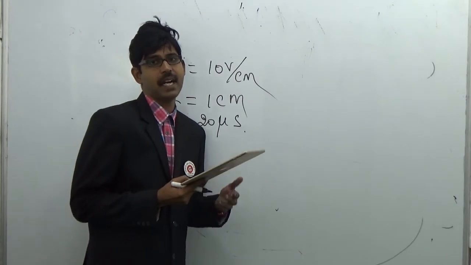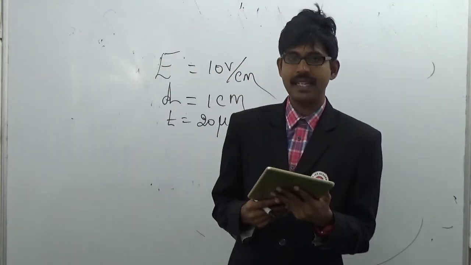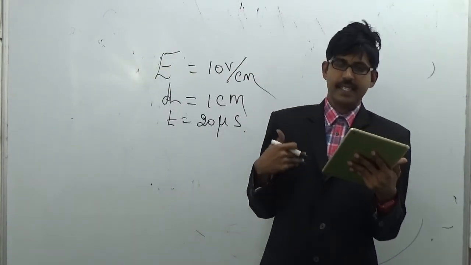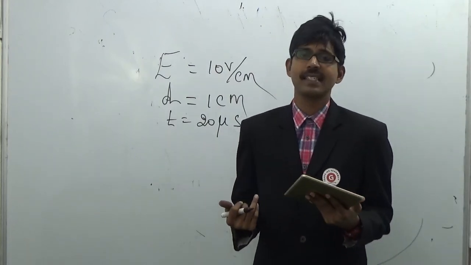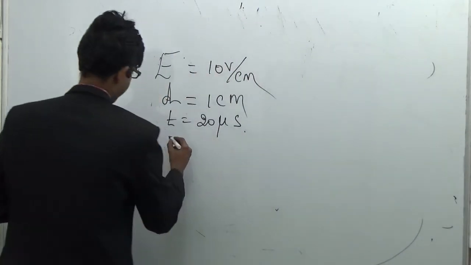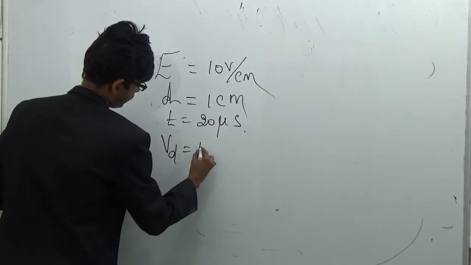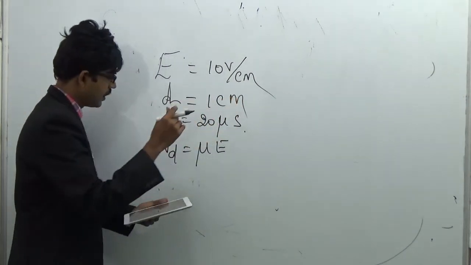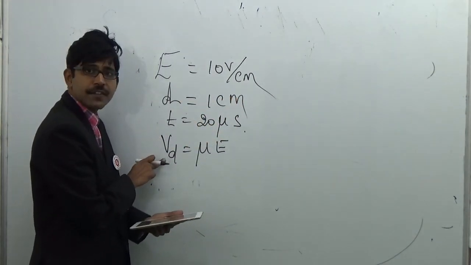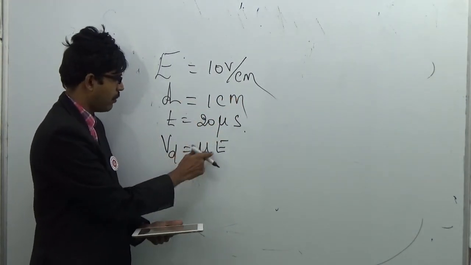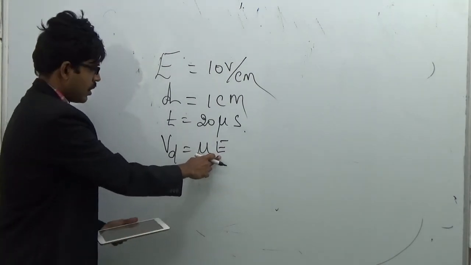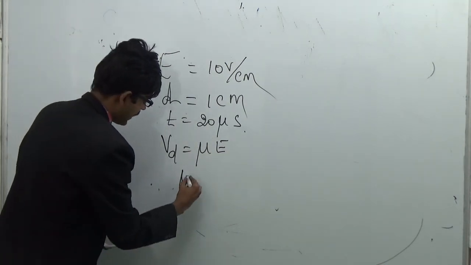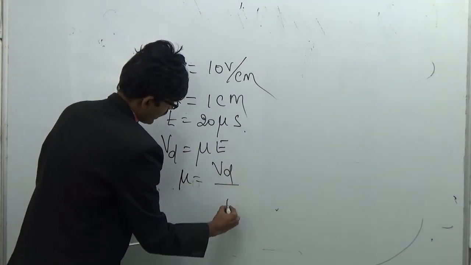Now, what is the formula for mobility? Mobility is directly related to the drift velocity. Drift velocity is mobility times E. So if we could know the drift velocity, we can find out the mobility, because electric field is by default given. So mobility is drift velocity by electric field.